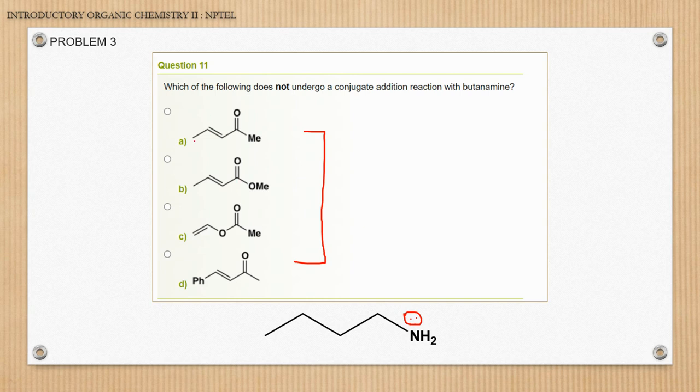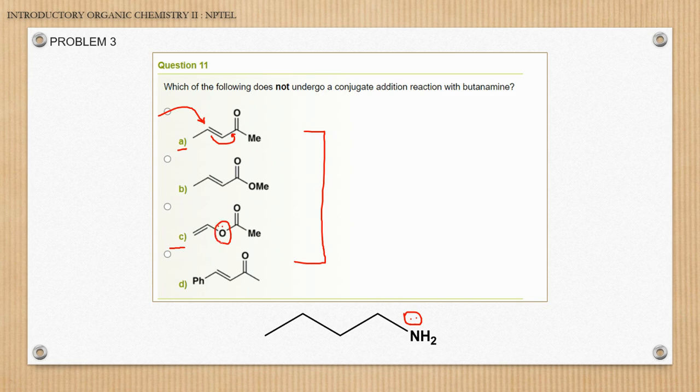So in option number A, the nucleophile can attack onto this position and give you the conjugate addition. But in option number C, there is an oxygen inserted between the alkene and the carbonyl compound. So the alpha beta unsaturation is destroyed due to the presence of the extra oxygen in between.